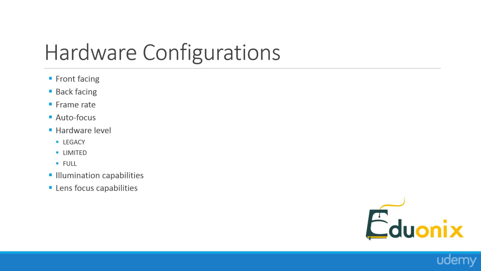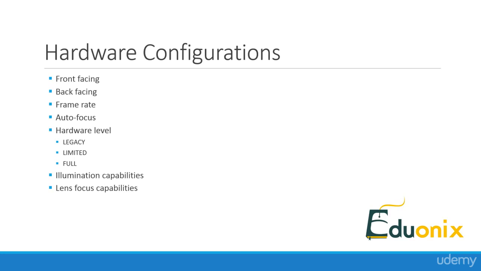A limited device, on the other hand, may have some or none of the previous characteristics. Some features are not part of any particular hardware level or capability and must be queried separately. These can include calibrated timestamps, precision lens control, face detection, optical or electrical image stabilization, and more.